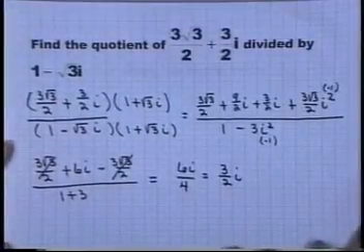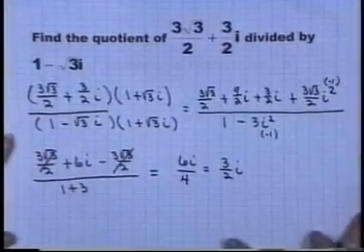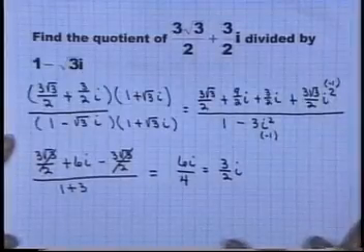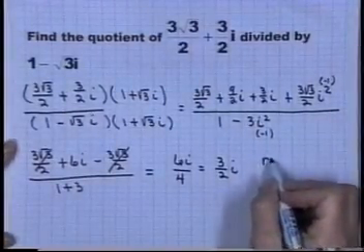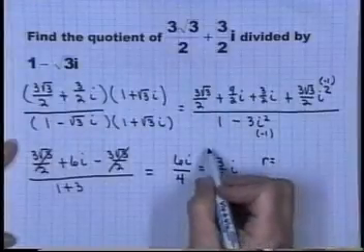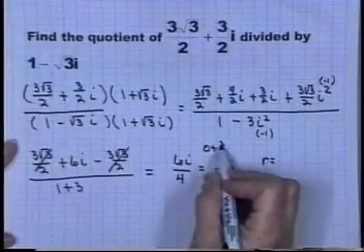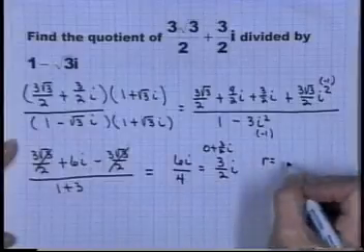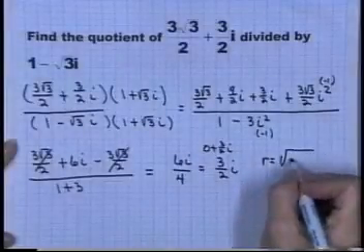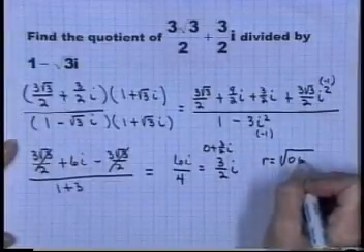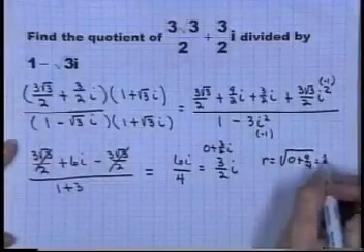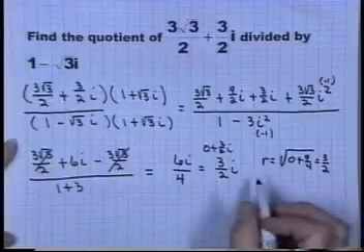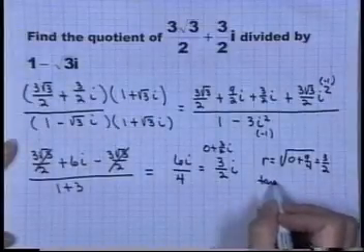Now, much like we did with the product, I want to convert this 3 halves i to the trig form so that we can see what happens here. Okay, so 3 halves i, remember, is like 0 plus 3 halves i. So for r, I've got the square root of 0 squared is 0 plus 3 halves squared is 9 fourths. That's going to be the square root of 9 fourths, which is 3 halves. Can I do tangent theta?